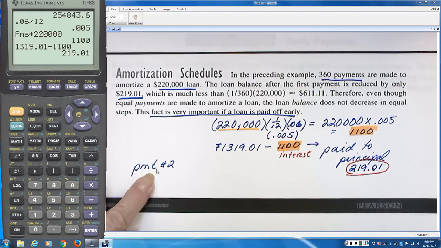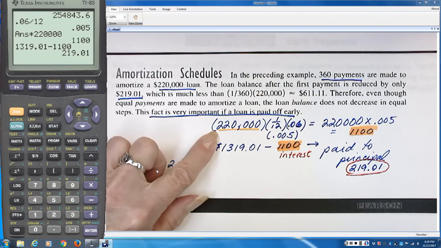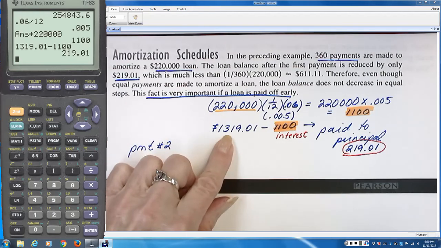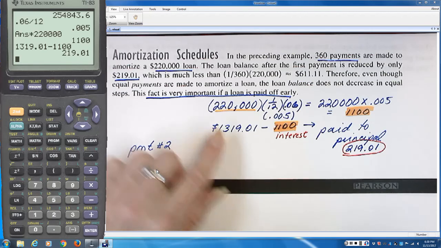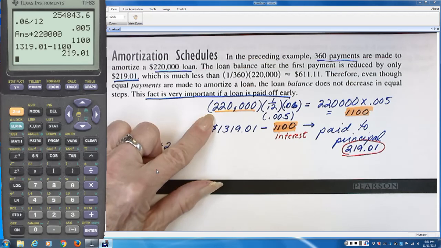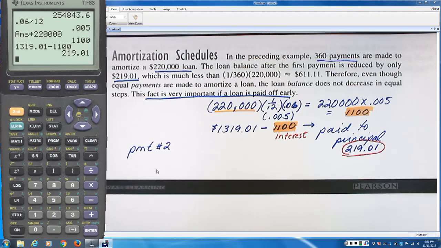So at the point of the second payment, we go to the end of the next month. Think about it this way. You're going to pay another $1,319 and a penny. But your principal has been reduced a little bit, a very little bit. Your principal now is $219,780.99.